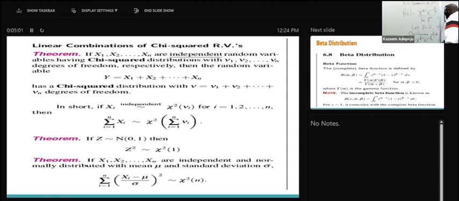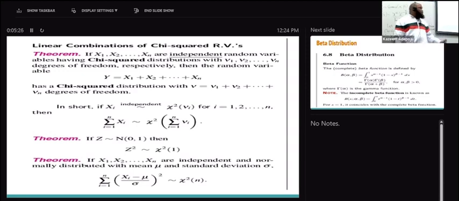When you take a look at this now, the only parameter in a chi-square distribution is v, degree of freedom v. Take a look at that. So the chi-square distribution was actually derived from gamma distribution.